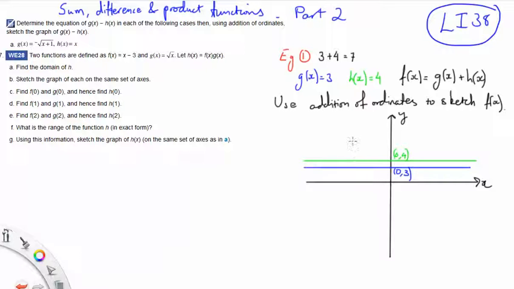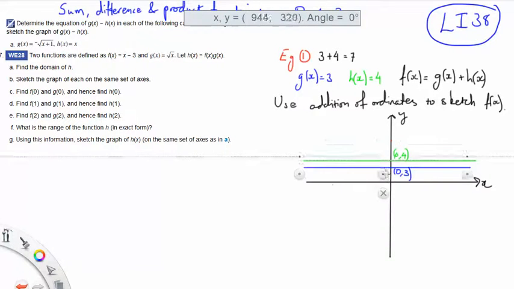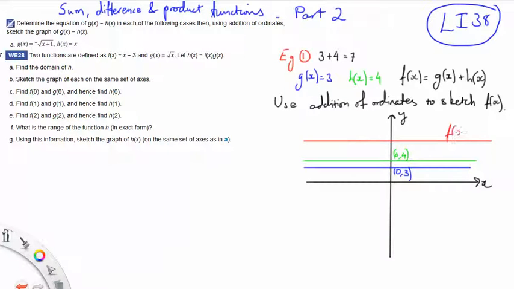So adding them together, we're going to get 7, which is there. That y value is 3, that y value is 4. They're going to add and hit 7. Same over here. And you'll notice something. Oh, that forms a straight line. That's a horizontal line there. So that line is f of x, and that's 0, 7. And we've just done addition of ordinates to sketch f of x.